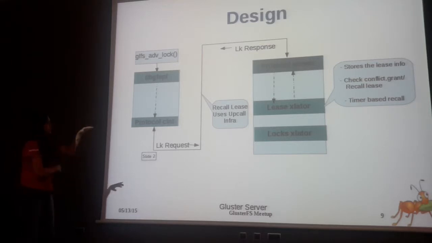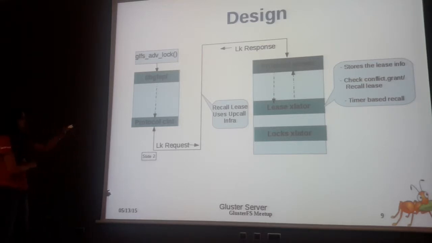The job of the lease translator is to store the lease info of every file that has a lease granted and check for conflicting access or recall the lease. And it also has a timer-based recall. If a recall was sent and the client did not respond within the given time, it will flush its lease and grant access to the other client.